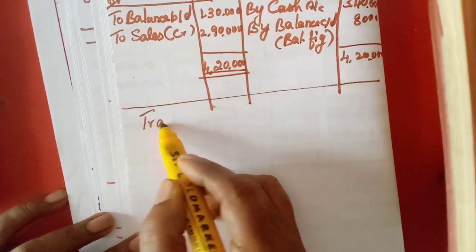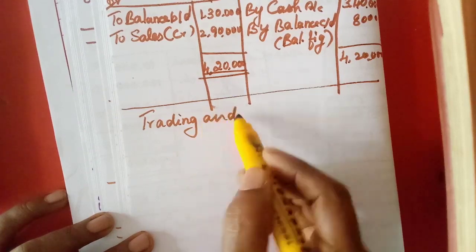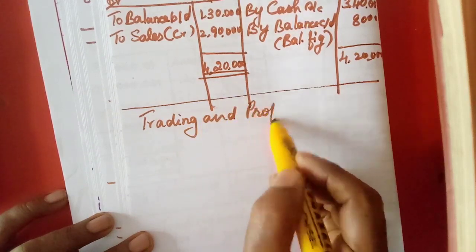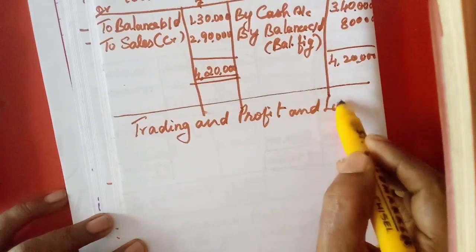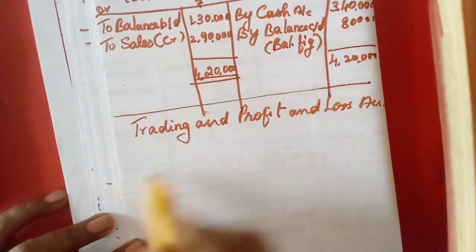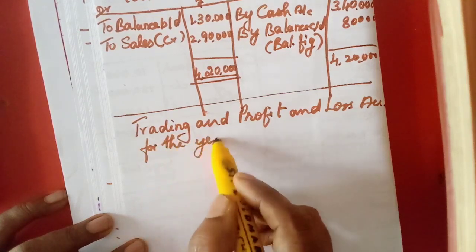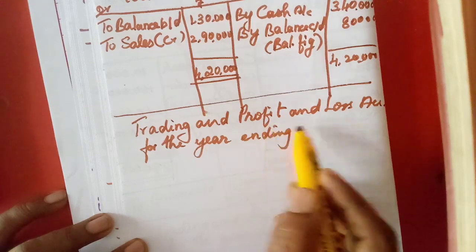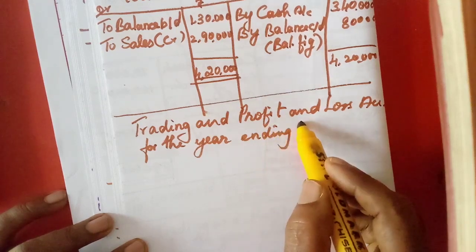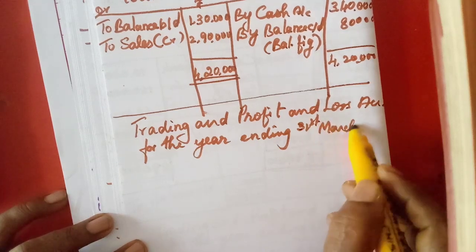Now we will prepare the trading and profit and loss account for the year ending 31st March 2019.